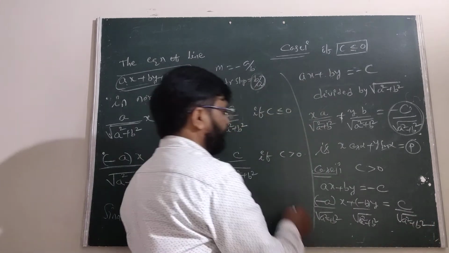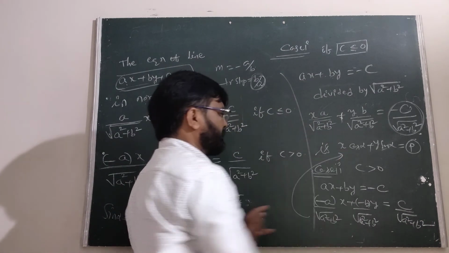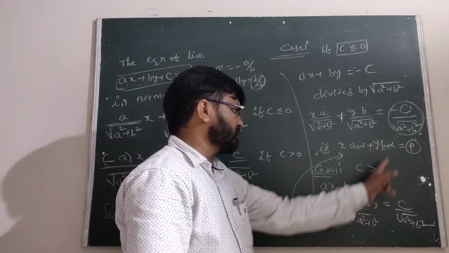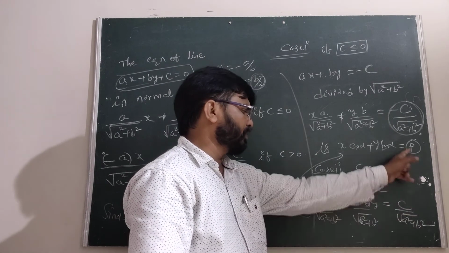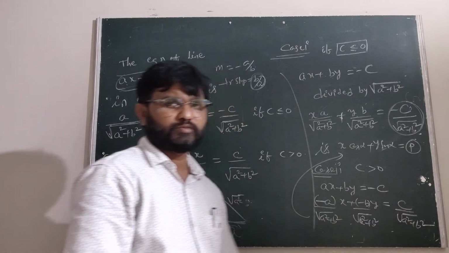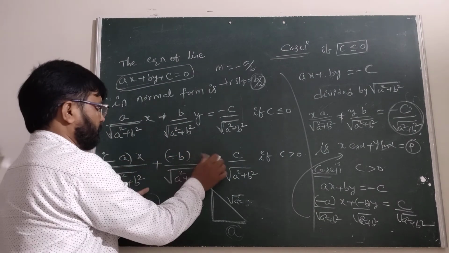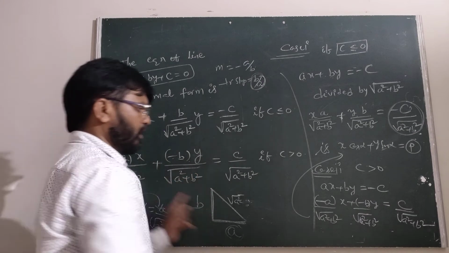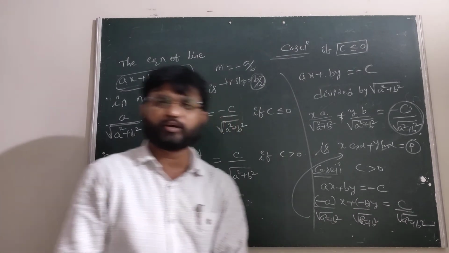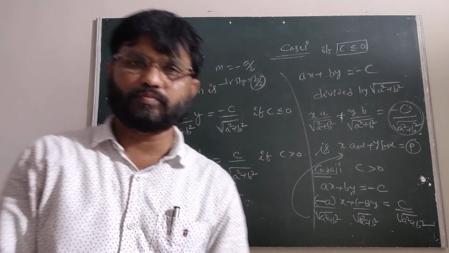Now we can write again, comparing with x cos alpha plus y sin alpha equal to p, where p is c by root of a square plus b square. Therefore this is minus ax minus by equal to c into root of a square plus b square.